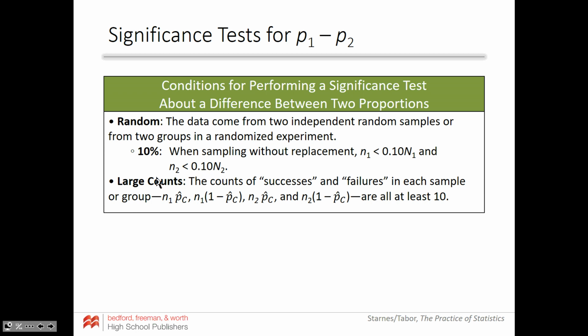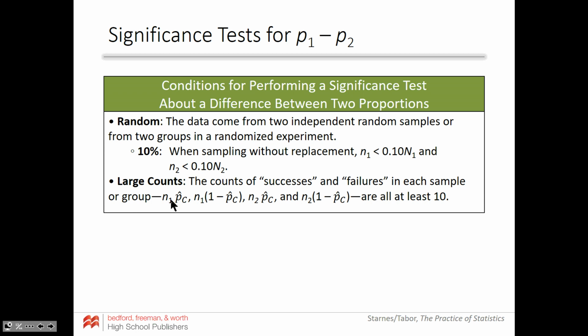Now, here's the tricky part. Remember, we're running a hypothesis test, or a significance test. We are assuming that H0 is true, right? So if we assume that H0 is true, that there's no difference between p1 and p2, we took that combined p hat. So for the large counts condition, we're no longer looking at n1 times p hat 1.